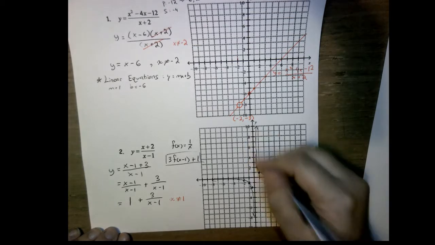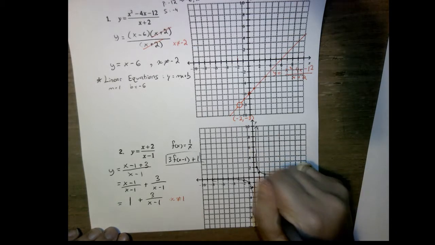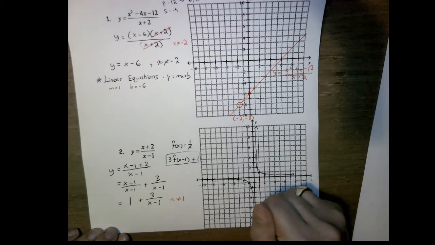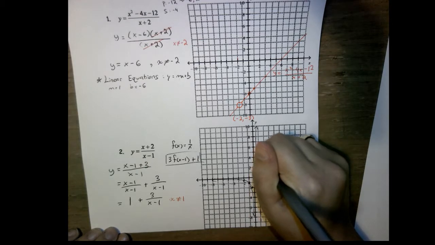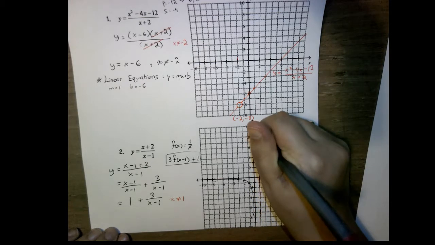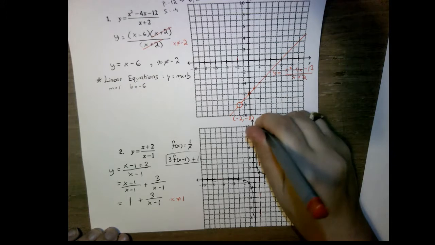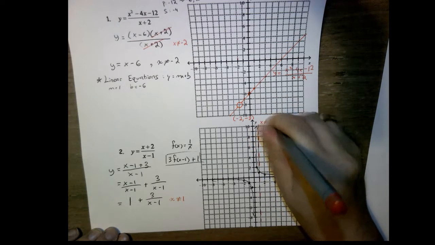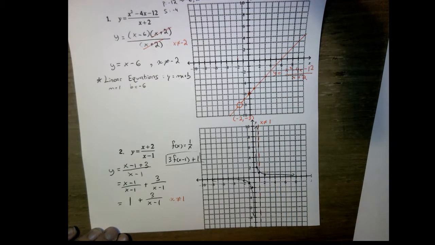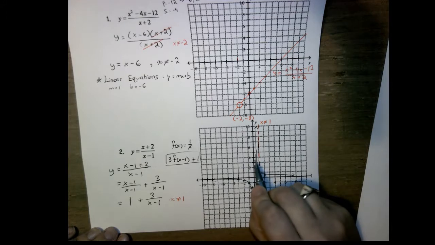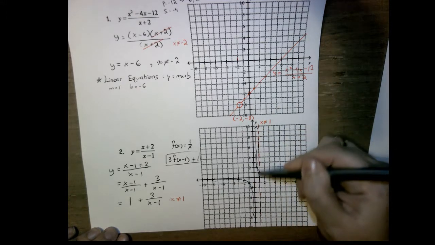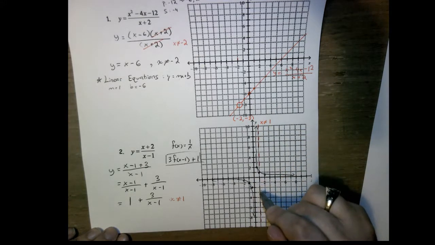So right off the bat, I can draw in that new vertical asymptote. So this is my new vertical asymptote. X cannot equal 1, right? And so what happened is I just moved my vertical asymptote 1 to the right, right?